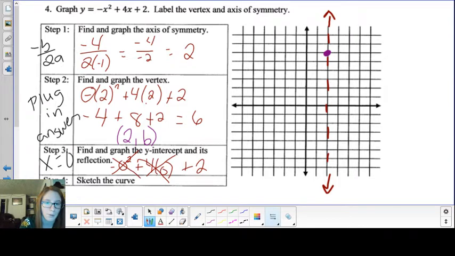I need to make this bigger. Then I'm going to reflect my point. So if I'm up 2 and 2 to the left, I'm going to be up 2 and 2 to the right. So I have a point here. And then I'm going to sketch my graph.